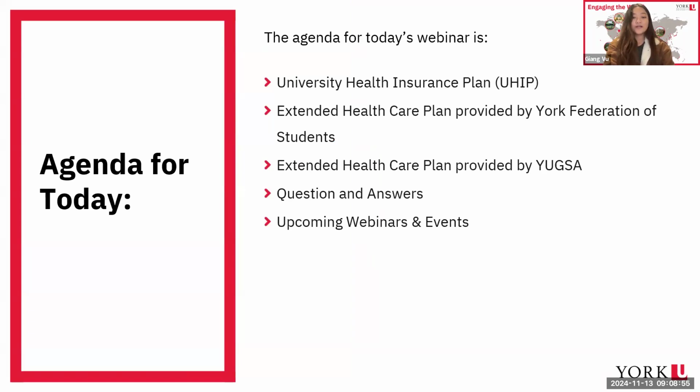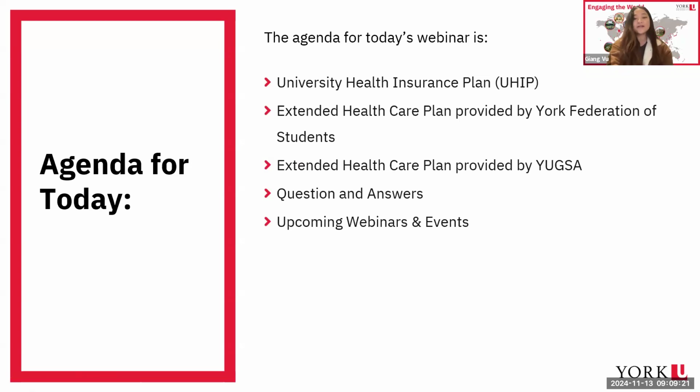Before we start, I would quickly go through the agenda for today. So first, we will go over the University Health Insurance Plan, which is also known as UHIP. And then I will give a presentation on extended healthcare plan for undergraduate students on behalf of York Federation of Students, which will be followed by a presentation given by York University Graduate Students Association on extended healthcare plan for graduate students.